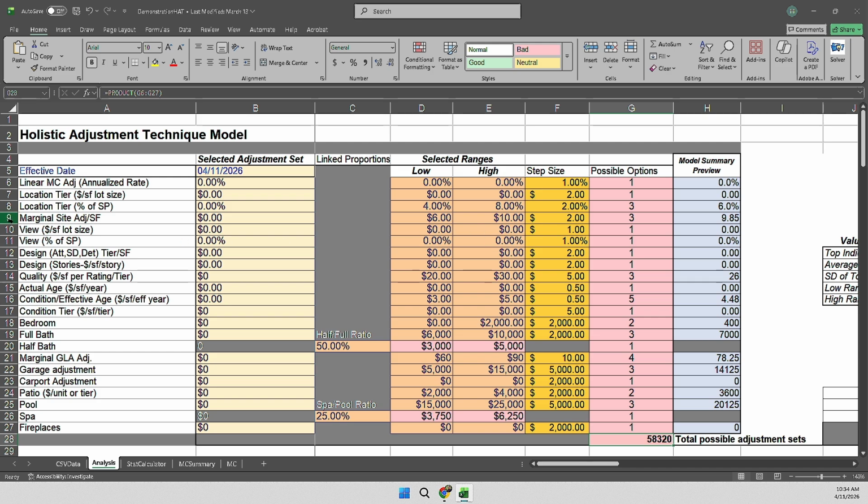So site size is a great example for this one. I've got my solution space capped at $10 a square foot. Well, most of the adjustment sets that were the best adjustment sets were at the top of the range. Does that mean I should expand my solution space there? Maybe or maybe not.